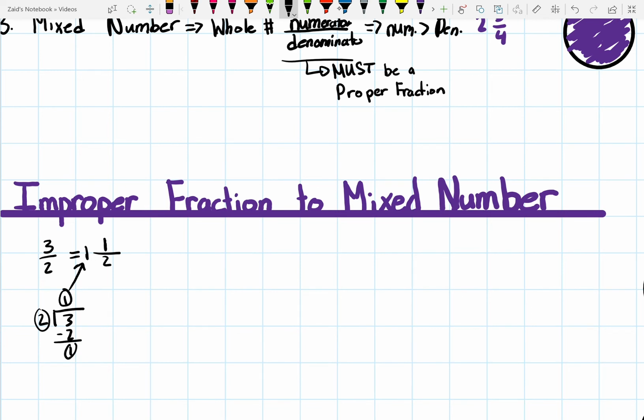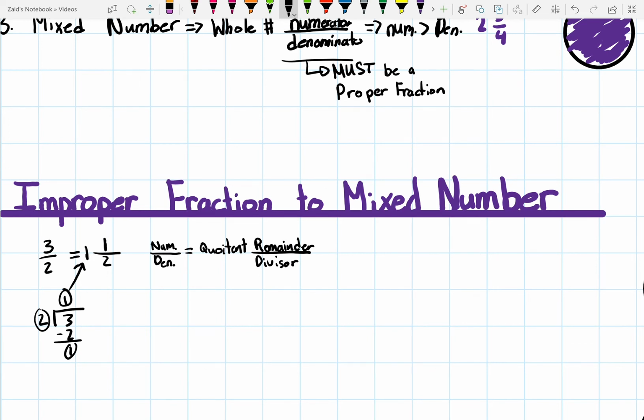So we could say that when we go from an improper to a mixed number, our whole number is basically our quotient, our numerator is the remainder, and our denominator is the divisor, or the old denominator.